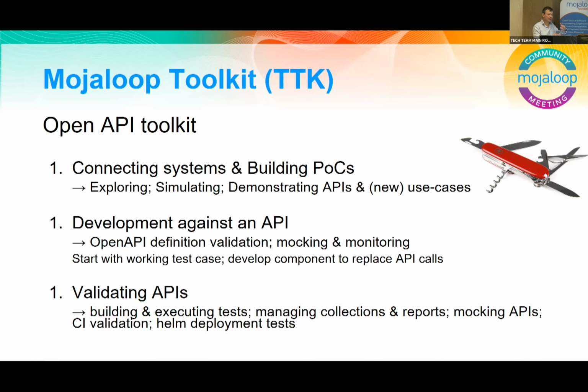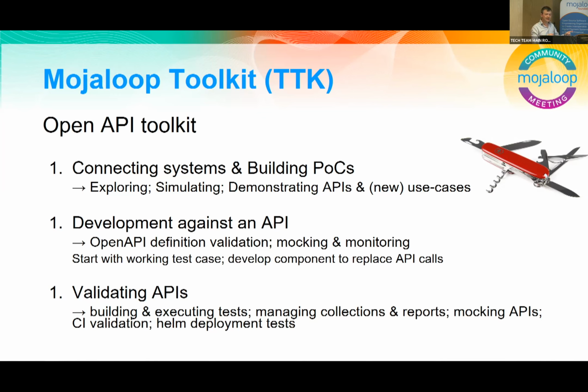You can use it to actually generate your mocking data. You can use it to then monitor that data. So there's a mechanism that you can use, and if TTK is in the way, it actually makes this journey of building integrations and interfacing components or building parts to meet the requirements of an API definition really easy. And in a way, okay, I'll leave that to the last point.